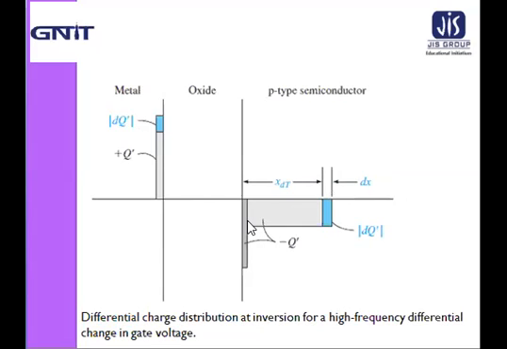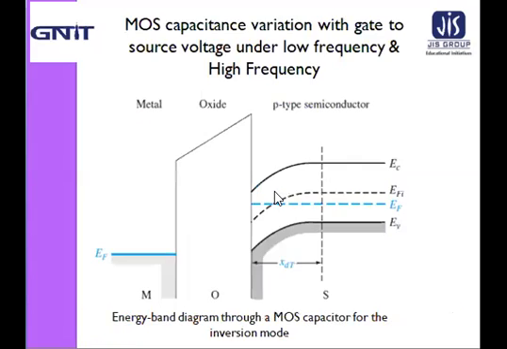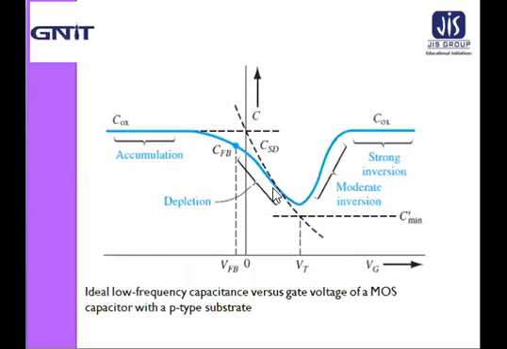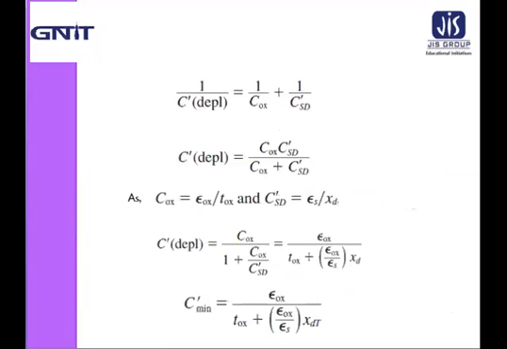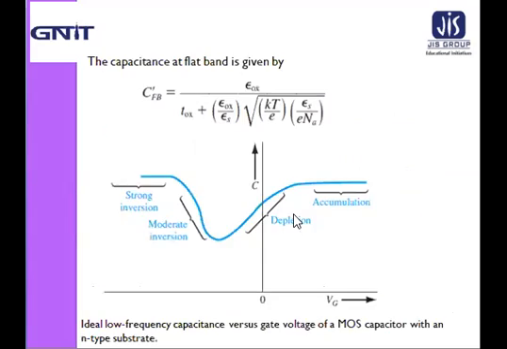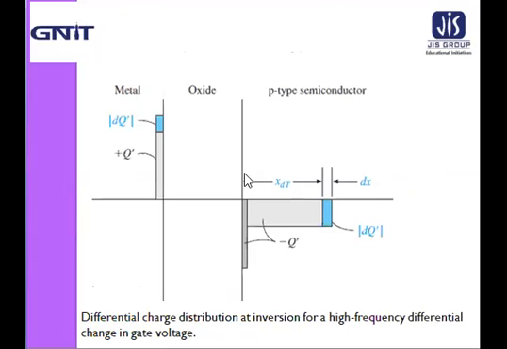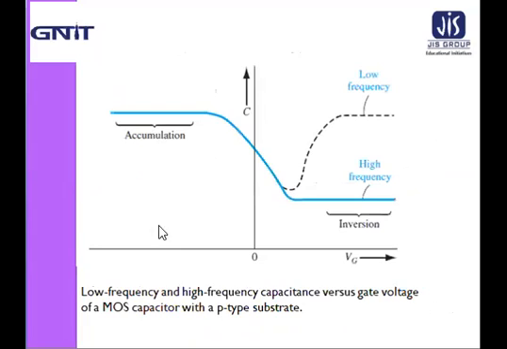The capacitance of the MOS capacitor for this condition will be C prime min, which I have discussed in previous slides. Here are the high frequency and low frequency limits of the capacitance voltage characteristics.